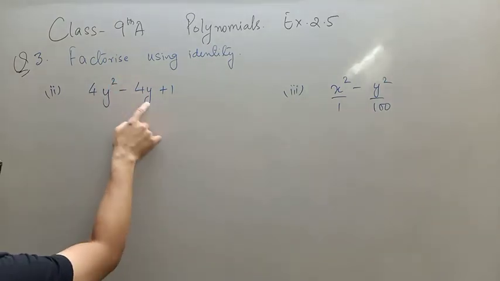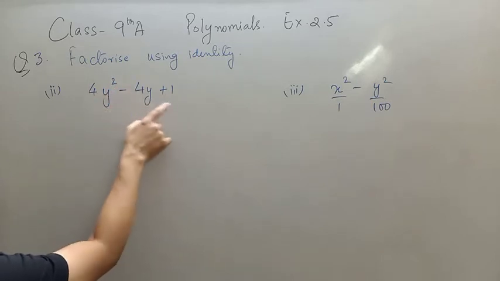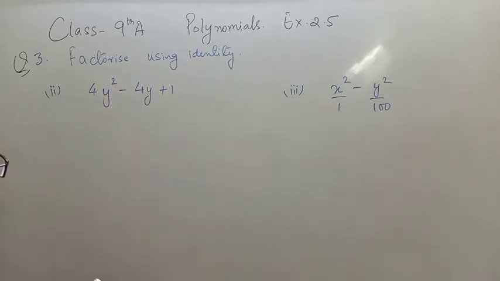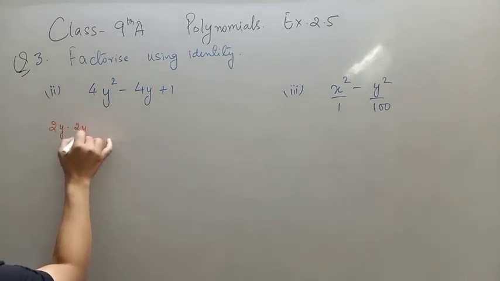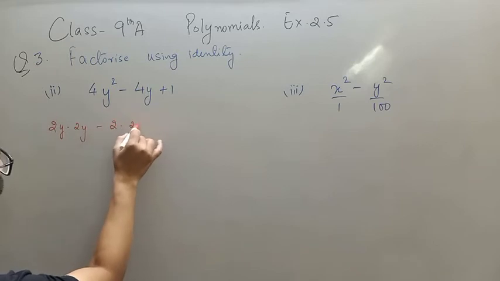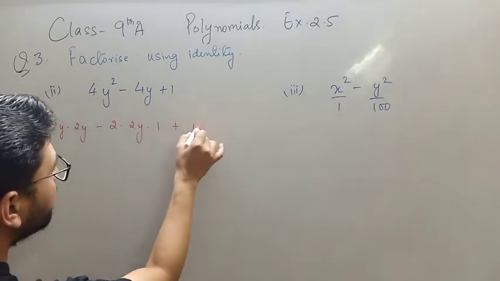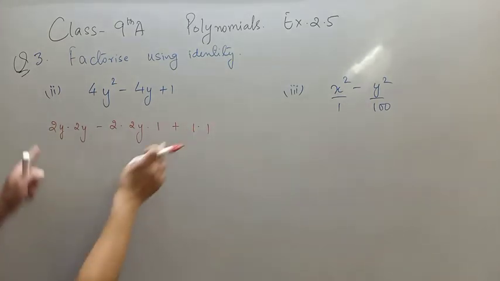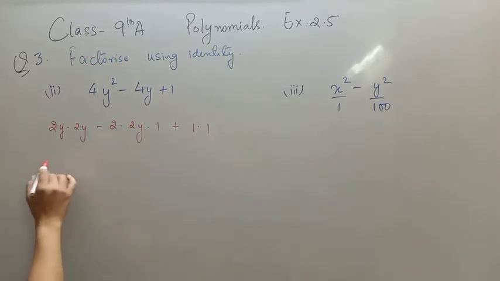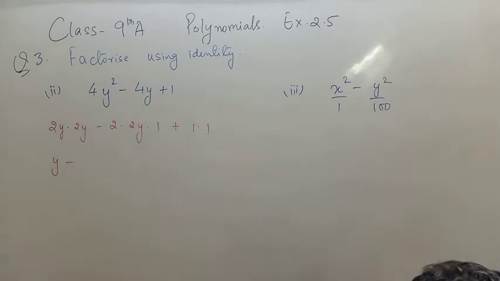4y square minus 4y plus 1 can be written as 2y into 2y minus 2 into 2y into 1 plus 1 into 1, right? Why have I written it like this? So that I can compare this expression with a formula, x minus y whole square.